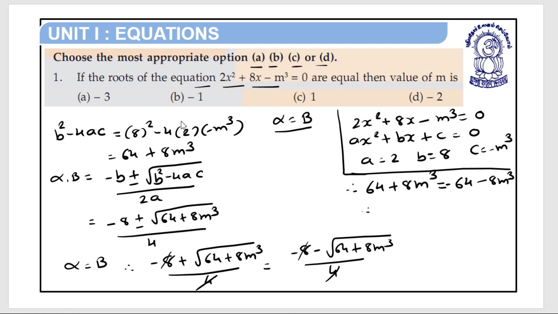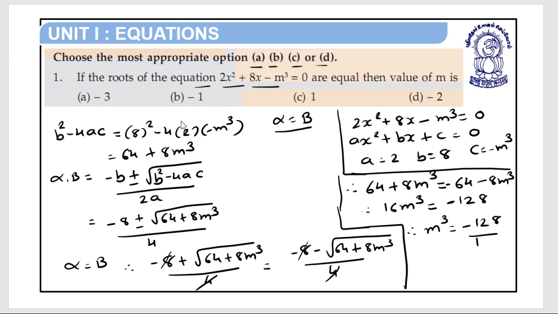Plus 8 m cube plus 8 m cube, 16 m cube is equal to minus 128. So m cube is equal to minus 128 by 16. 16 8s are 128. So m is equal to minus 2. Option is D, m is equal to minus 2.